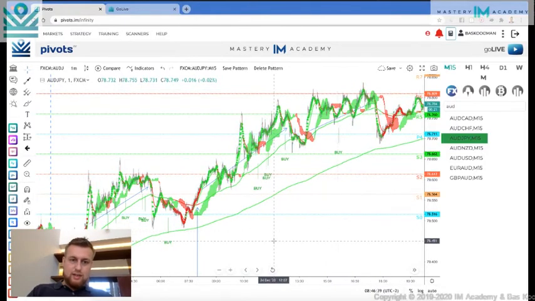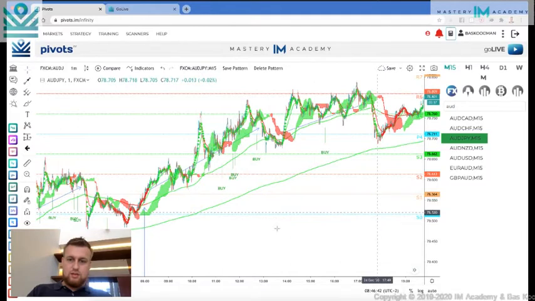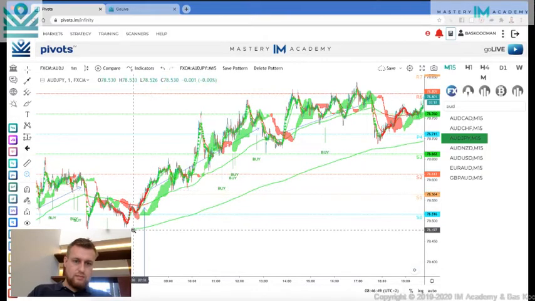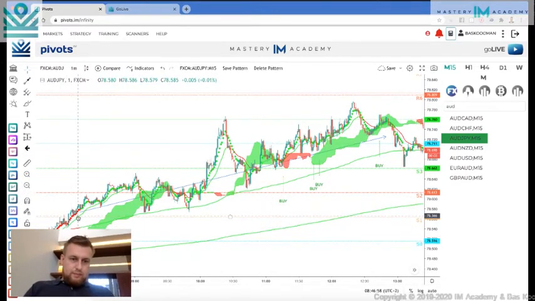So basically, let me zoom in more, because it's very good to see what this does on the 1 minute. I'm just taking this middle, right? So here we go. From the morning, we can enter. Green, green, green above the cloud.